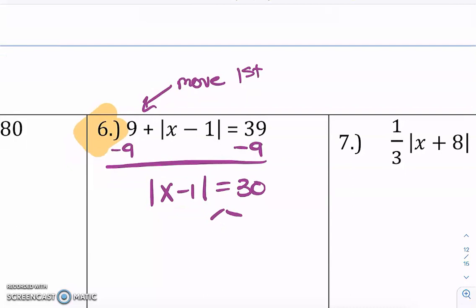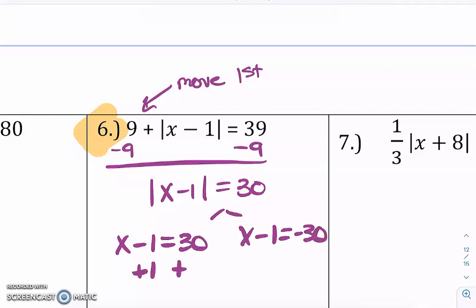Now that the absolute value is the only thing on this left-hand side, you can say, okay, well, that part in the absolute value could equal 30 or negative 30. When you pull it out, it equals that positive value or the negative. So now you can say x minus 1 equals 30, or x minus 1 could equal negative 30.